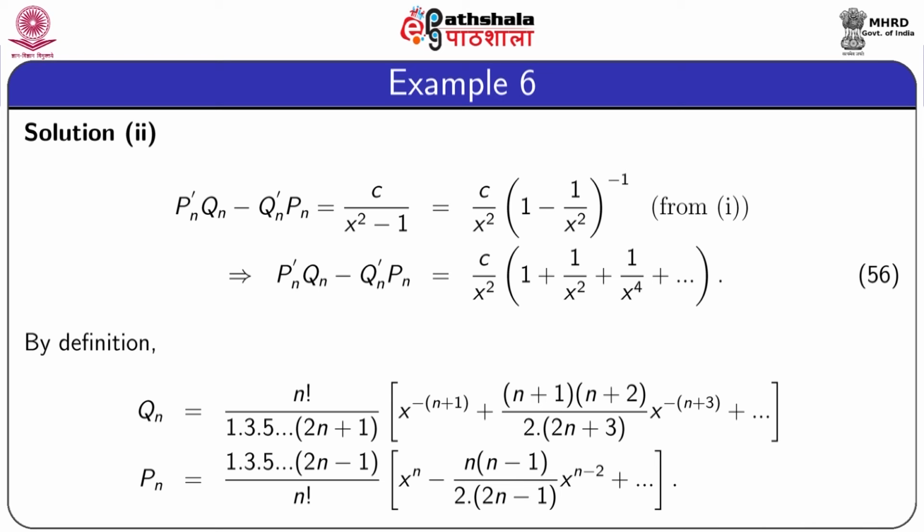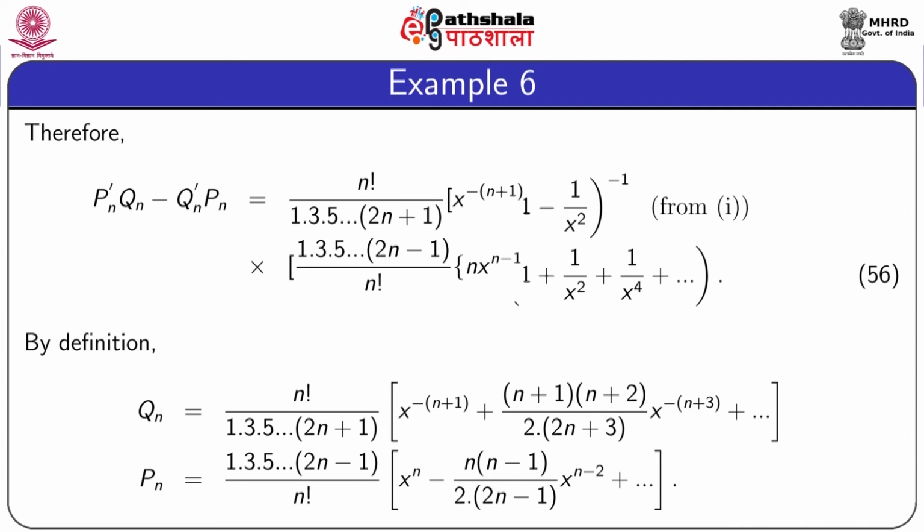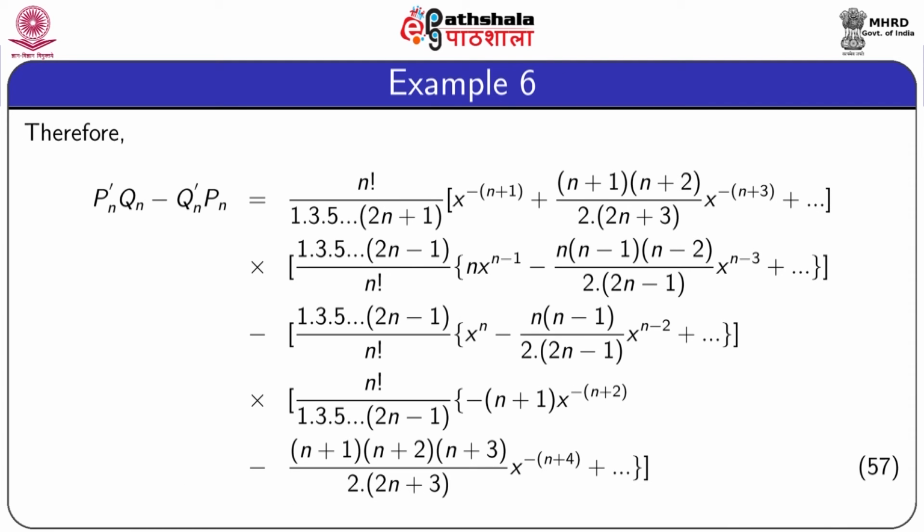The left hand side is given by the expression as you can see in equation 57. Please note the expressions x^(-n+1) and n x^(n-1); if you multiply these two, you will get the coefficient of 1/x². Similarly, in the second case, if you multiply x^n and x^(-n+2), you will get the coefficient of 1/x².